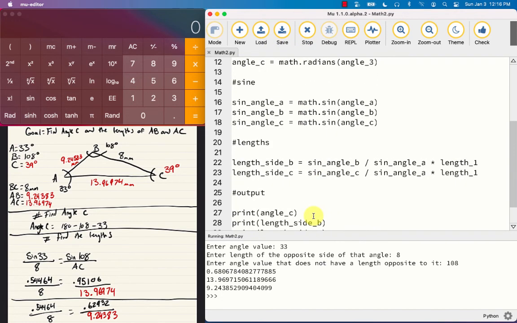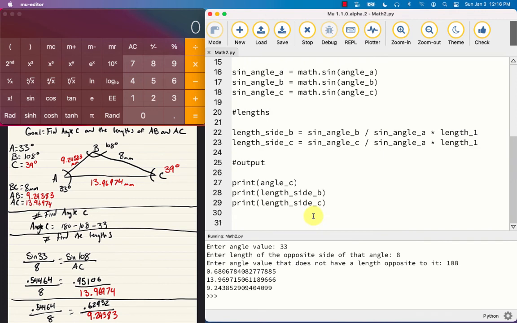See, angle C looks incorrect. We'll have to look at our code. But let's see, 13.969715. Yep, that's very close to what we had. 9.24385. That's very, very close as well. And actually, if we round it, it's spot on.